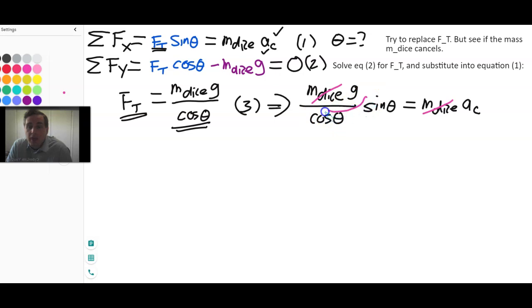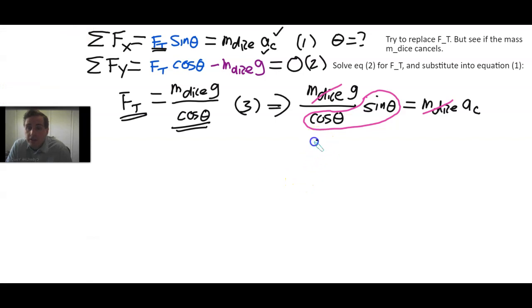But then also we have sine theta over cosine theta. And hopefully you remember what that trigonometric identity is. In fact, that is exactly the tangent of theta. So this is g times the tangent of theta is equal to AC. Now, we should solve this for theta.